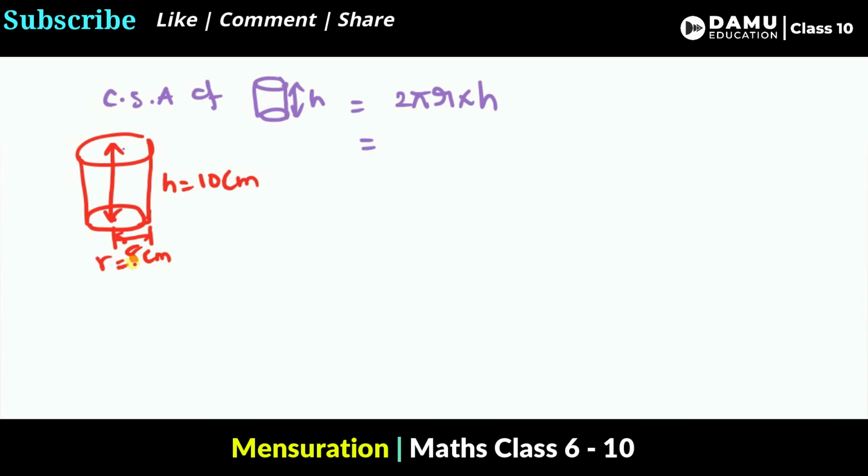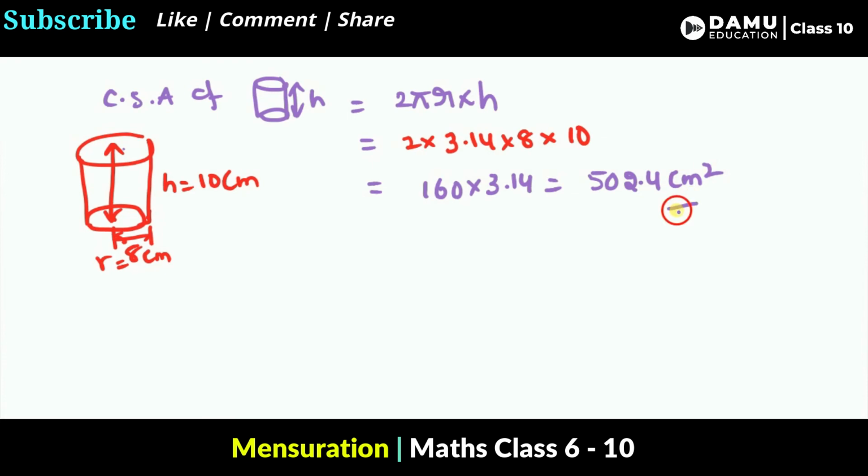So 2 into 3.14 into r is 8 into h is 10. 8 times 2 is 16, 16 times 10 is 160, so 160 into 3.14 is 502.4 centimeter square. So this is the value.